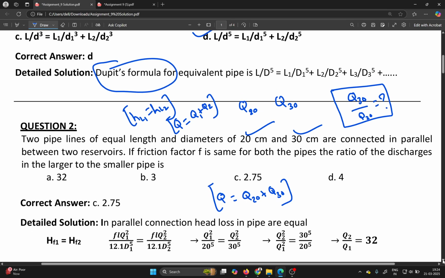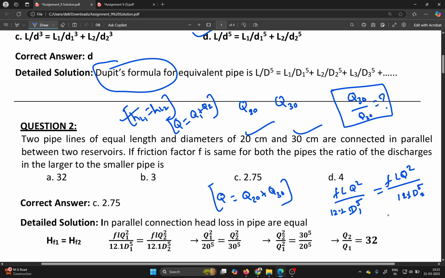So here I just want to show you how you will calculate. You have this equation, that is, the head loss in the two pipes will be equal. So FLQ square divided by D to the power 5, whatever we have calculated already, and here after the calculation pi square by 4 square, so FLQ square divided by D to the power 5.